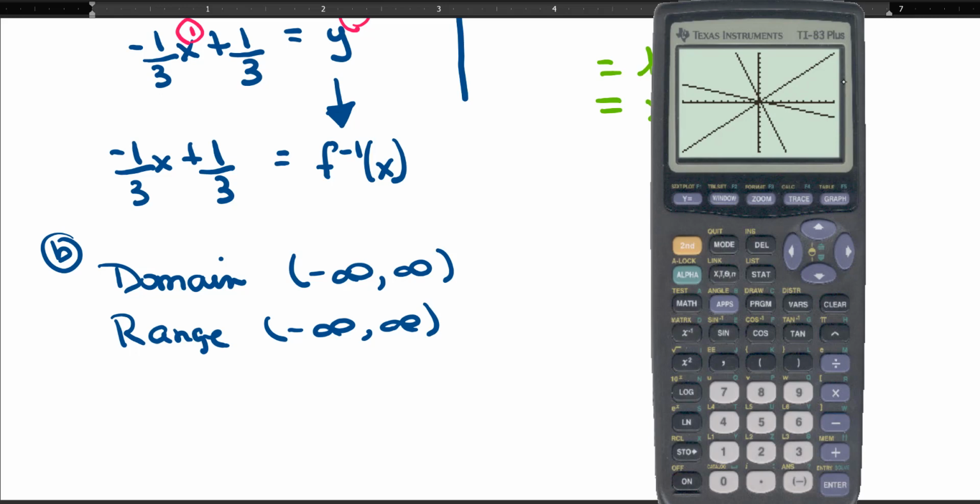We're just verifying exactly what we solved algebraically. And if you want to see the table of values, press second and graph, and you're going to see your table. Your y sub 1 is the first graph, your y sub 2 is the second graph, and we've already talked about the reflection line.